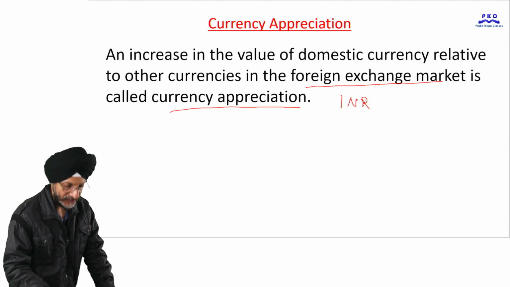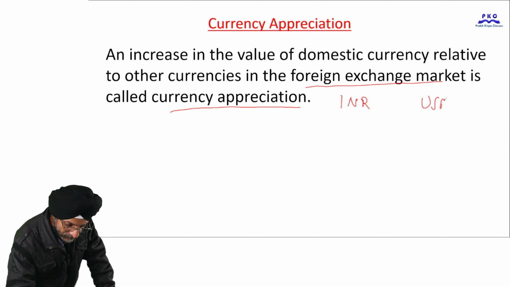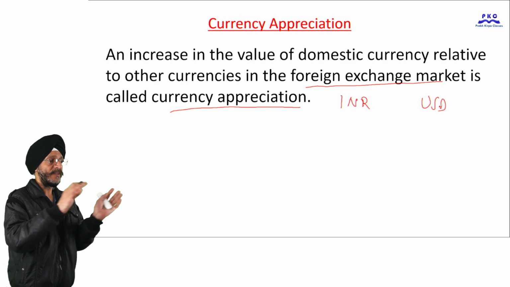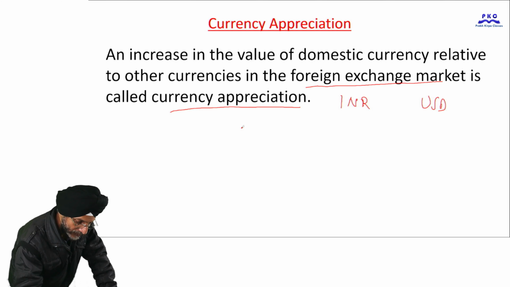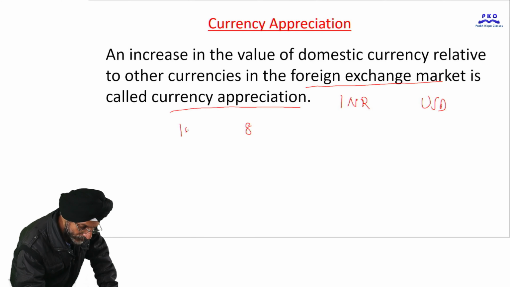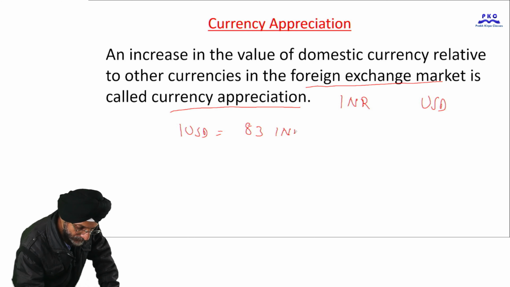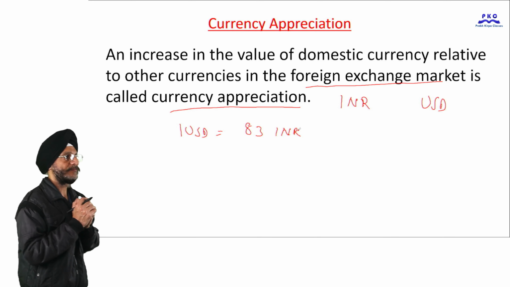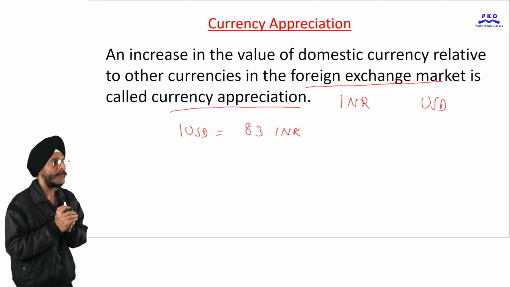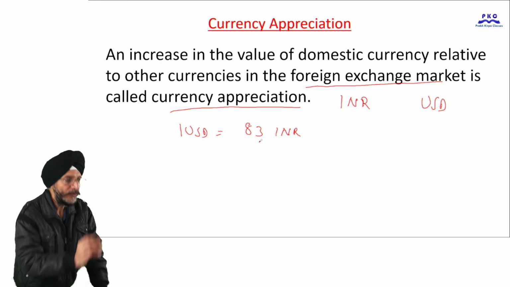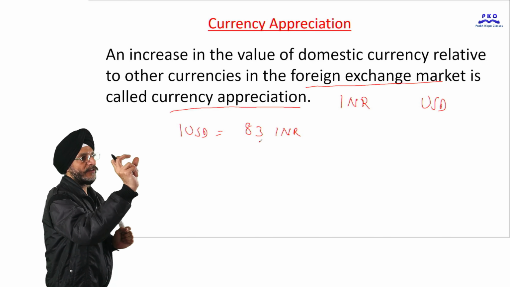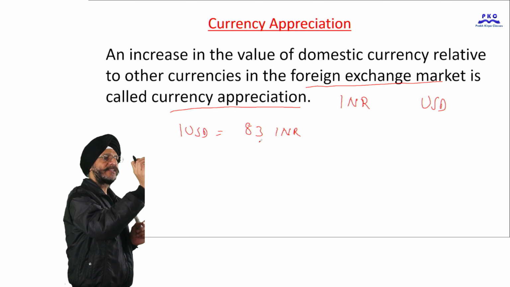We want to purchase US dollars. What is the exchange rate? 1 US dollar is equal to 83 Indian rupee, approximately. So, if we want to purchase 1 US dollar, we will have to pay 83 Indian rupee.